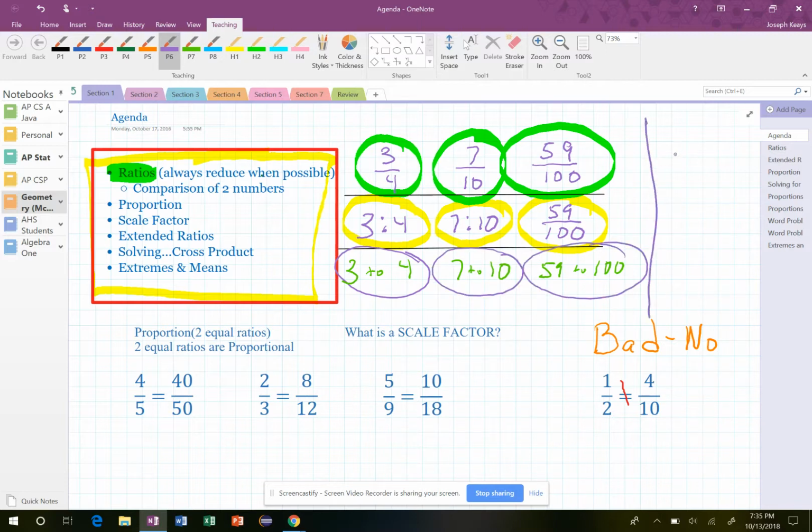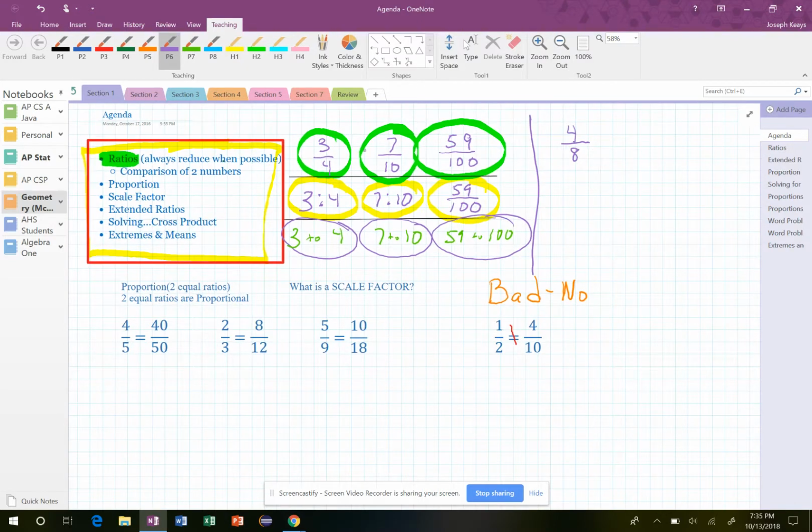I do want to point out that if you see a ratio that looks like this, hey, I got 4 out of 8 problems right, we don't really write it like 4 out of 8. Notice all these other ratios are already reduced. So instead of writing 4 over 8, we will always reduce our ratios to 1/2.